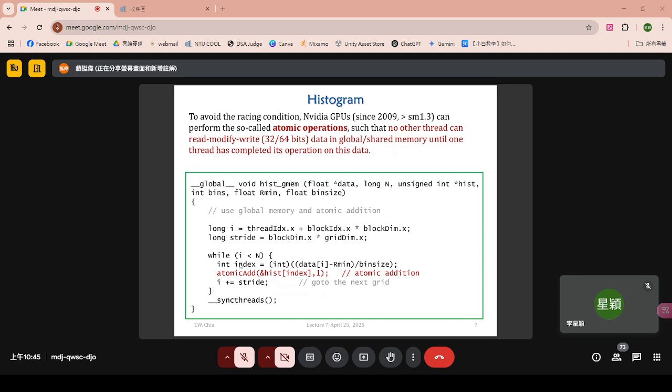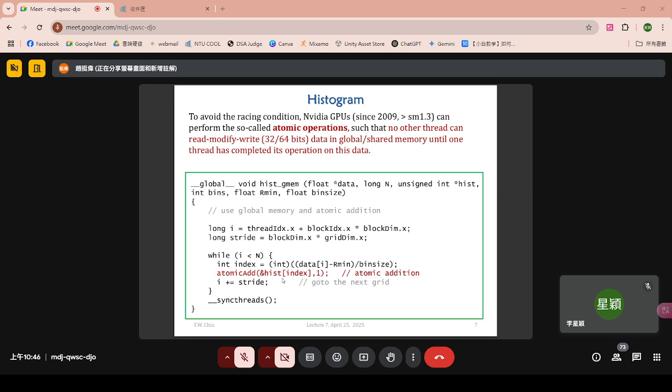So the index increases by this. So the index is this. This is similar to the sequential code. The only difference is this atomic addition. So atomic add: add to this histogram at this index by 1.